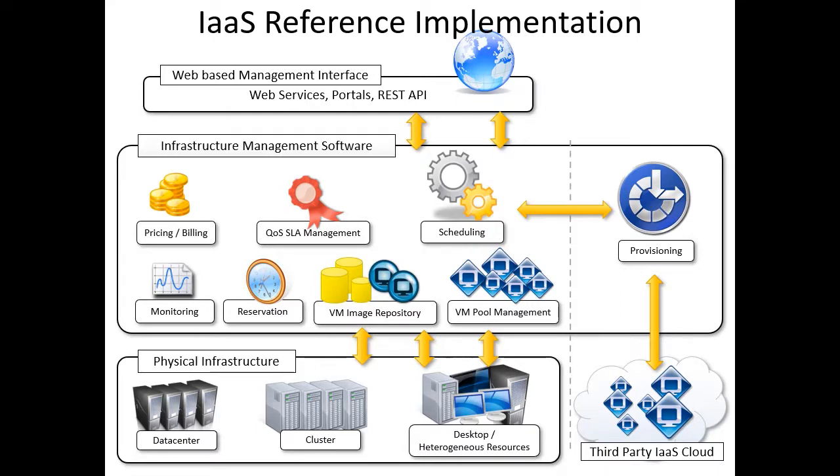What is this infrastructure management software and what are its roles? Primarily, as we have discussed earlier, all these facilities provided in clouds are on a billing or metering basis. So the first functionality, that is pricing and billing, helps the client and the infrastructure service provider to bill the client as per the usage.